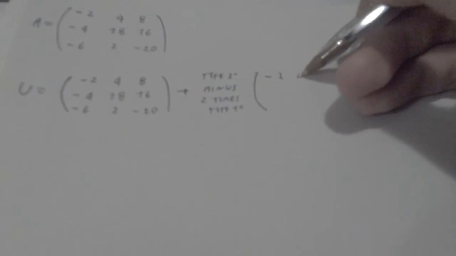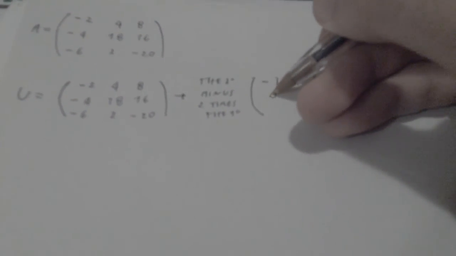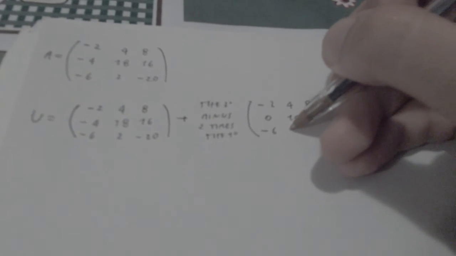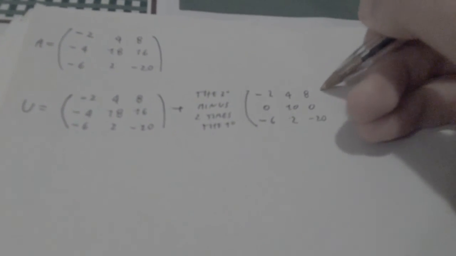So the first one is going to stay the same, -2, 4, 8. The second minus 2 times the first one, so I'm going to get 0, 10, 0, and the third one is going to stay the same, -6, 2, -20.